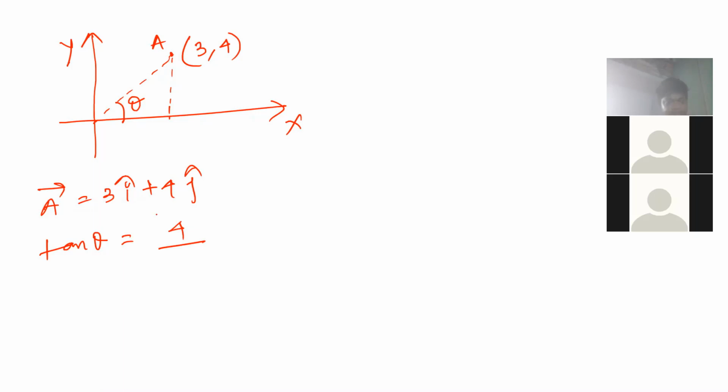What is the value of base? That is the component working along the horizontal axis. This is 3. So I can say tan theta equals 4 by 3 and theta equals tan inverse of 4 by 3. In this way, we can find out the direction of a particular vector quantity.